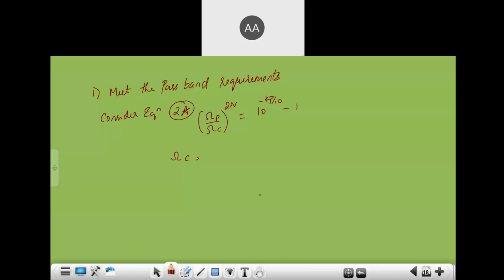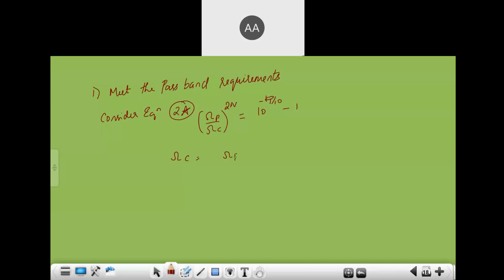So how will you find out this value omega c? You want omega p by omega c to the power 2n, so raise both LHS and RHS to the power 1 by 2n.